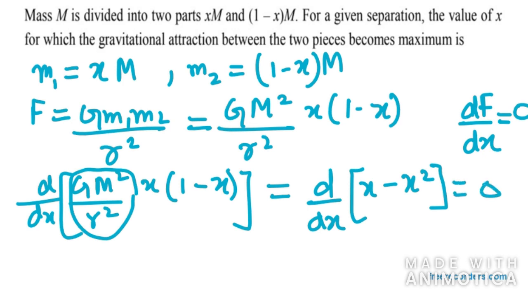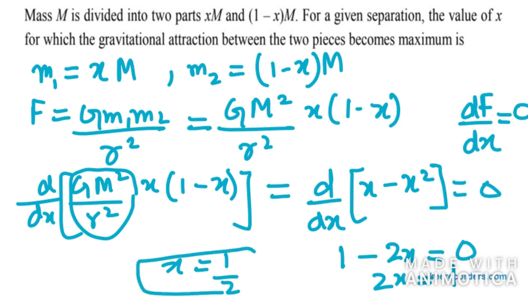Now I would differentiate this, so x will be 1 and x square will be 2x, so it will be 0. So 2x equal 1, so it will be x equal half. That means when x is equal to half, then the gravitational attraction between two pieces will be maximum.